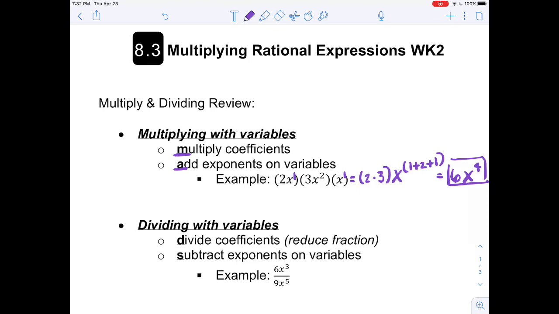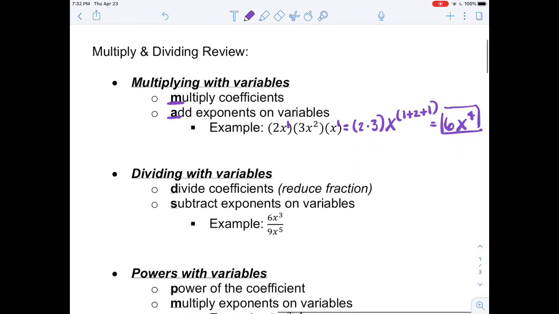All right, when we're dividing with variables, we kind of do the opposite. We divide our coefficients and we subtract exponents. So basically, we're going to reduce any fractions that we have with our numbers and then subtract the exponents on the variables. So let's take a look at that.